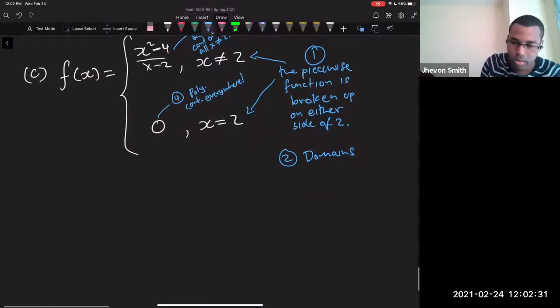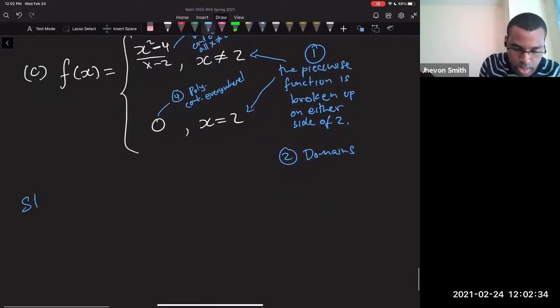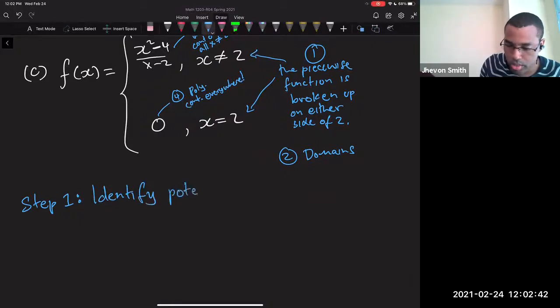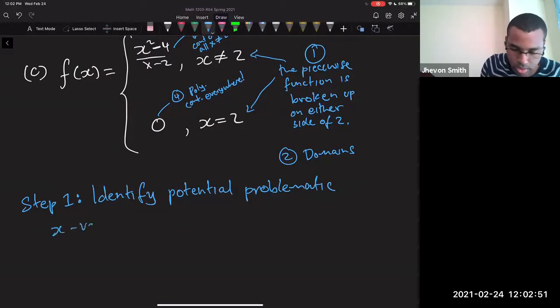so step 1, if we want to use steps here like we did for limits, identify potential problematic x values.